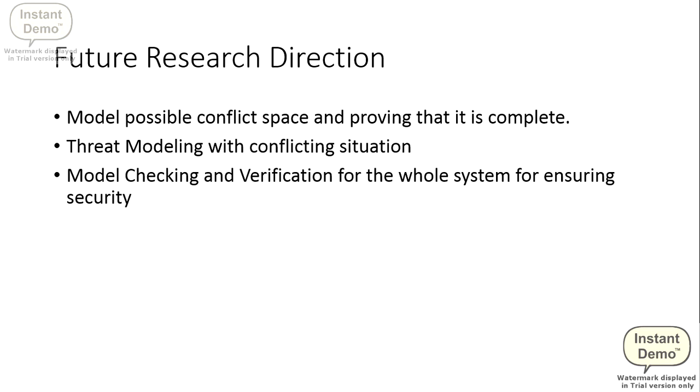Another will be threat modeling with conflicting situations. We will formalize the threat modeling. And the last one, the most important one, is model checking and verification for the whole system for ensuring security. Ashutosh and I both have read lots of papers on these 3 topics, and we believe that this is a very good and open research direction for both of us.